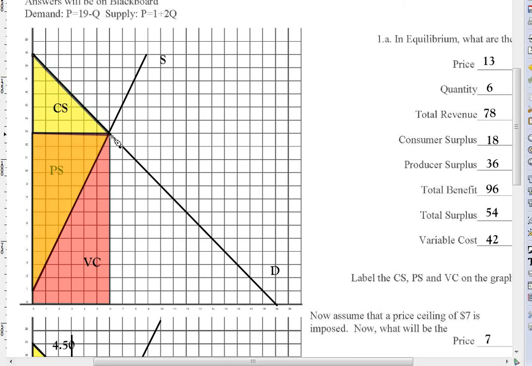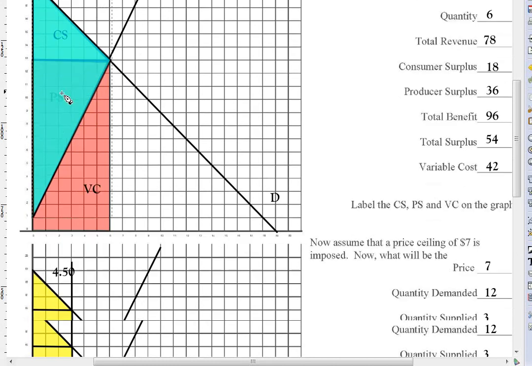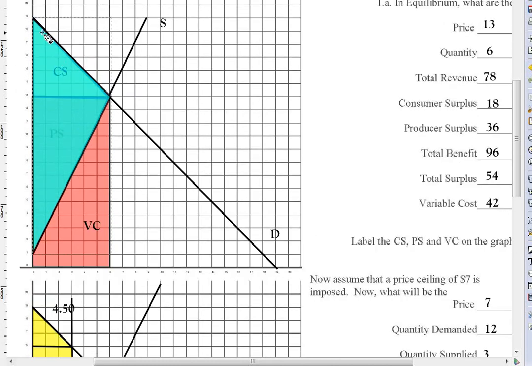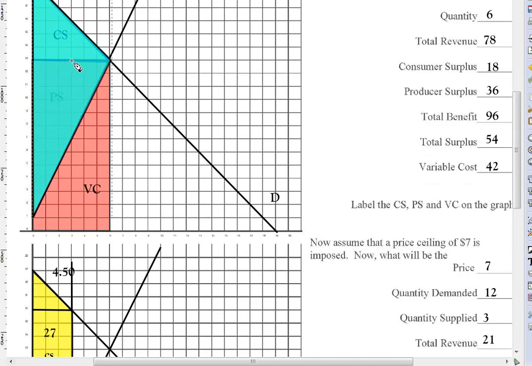And I'm going to give it a different color. Let me make it, say this blue here. So all that is the total surplus, consumer plus producer surplus. Now we could calculate that blue as the area of a triangle, 1/2 times base times height. No trouble doing that.